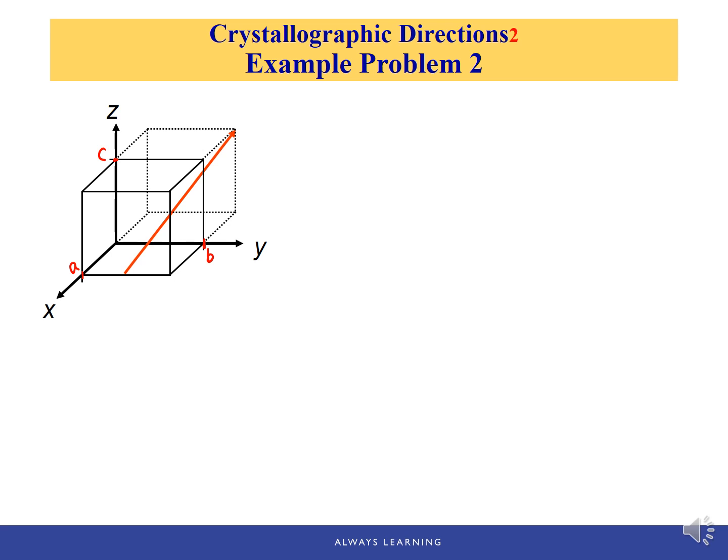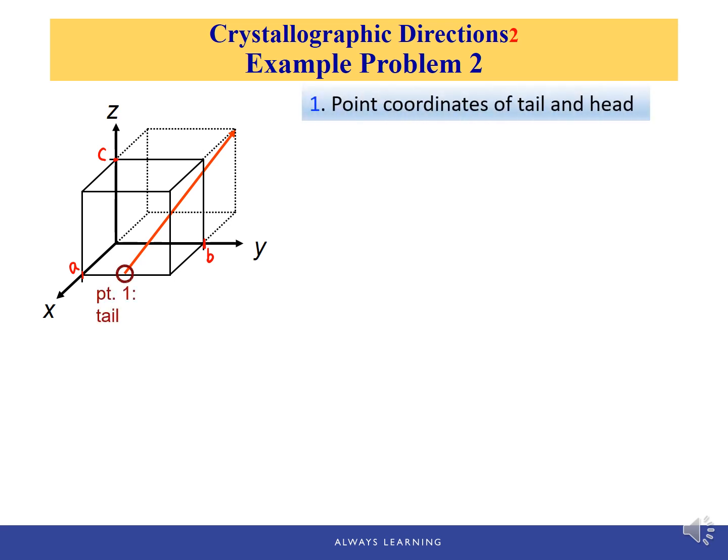For this given direction, it extends from one unit cell all the way to another unit cell to the back. So the first step is to find the point coordinates of the tail and head of this vector.